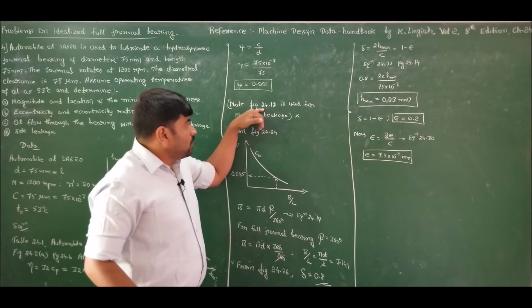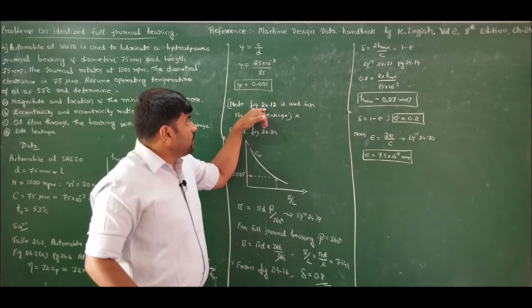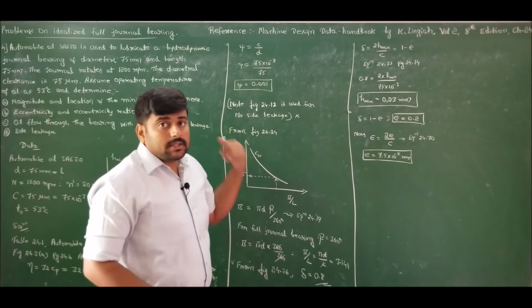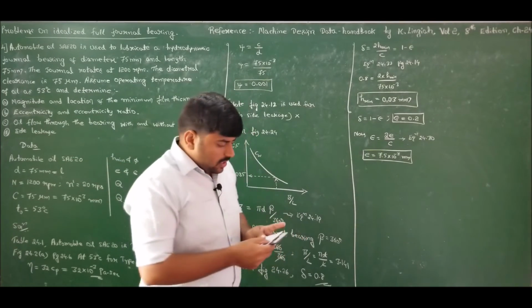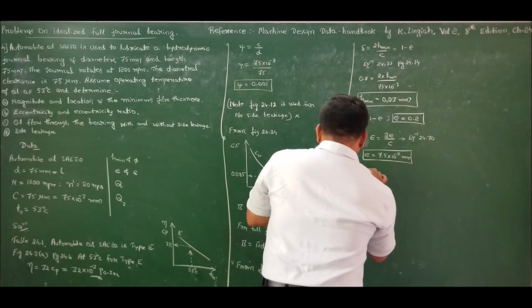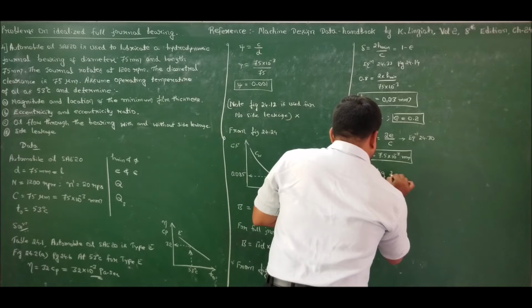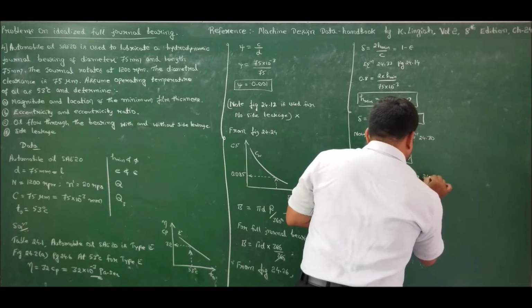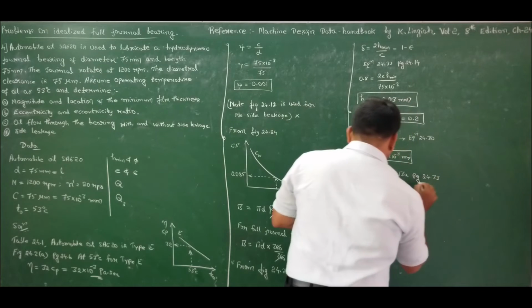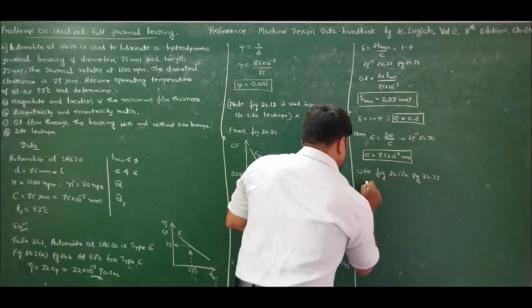But figure 24.12 cannot be used because this graph is for no side leakage, but the problem we are encountering is based on side leakage. So therefore I should use figure 24.13a, referring to page 24.33. This is with side leakage.